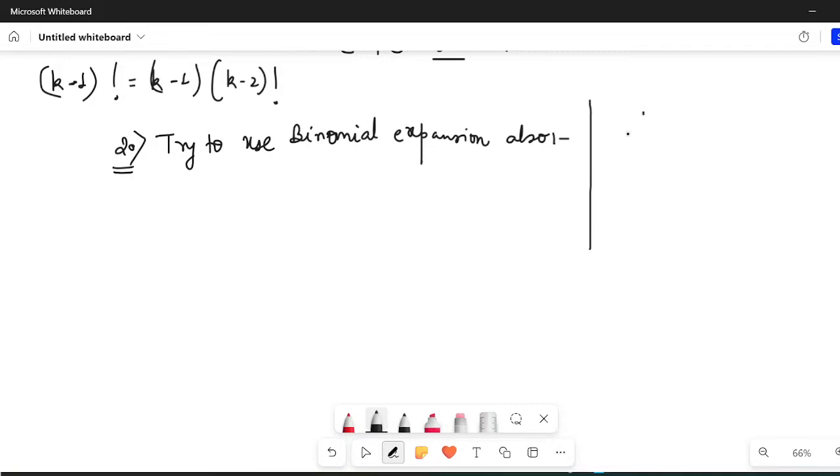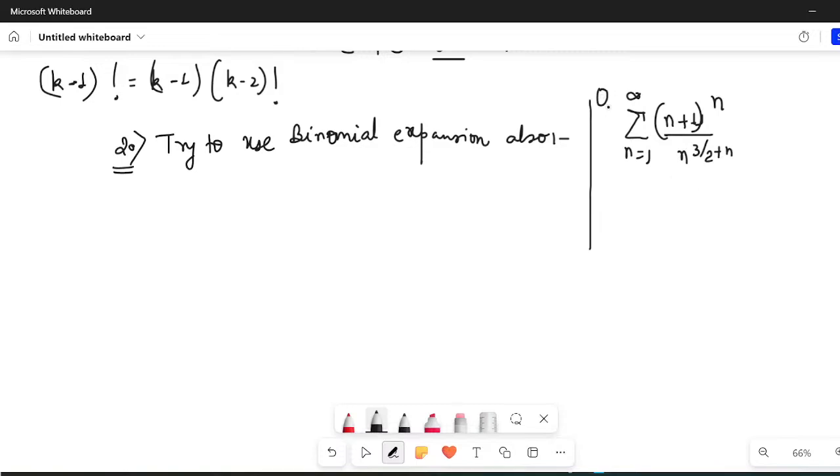Summation n equals 1 to infinity, (n plus 1) raised to power n divided by n raised to power 3 by 2 plus n. What do you think? How would this series behave?